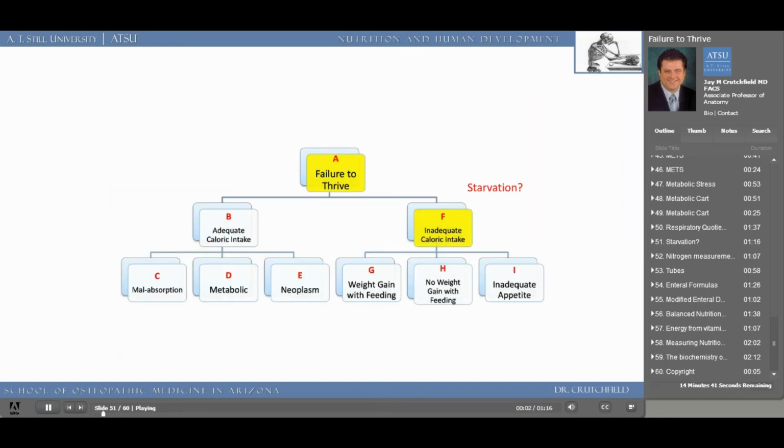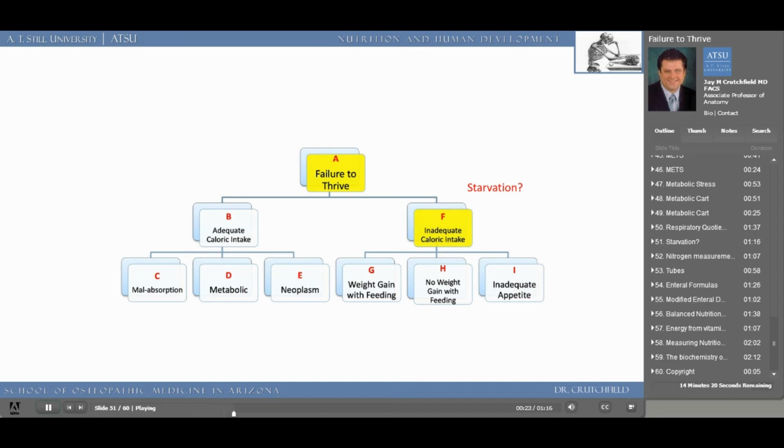What about this? What if our patient now has an inadequate caloric intake and they're in a negative nitrogen balance? Are they starving, or are they just malnourished, or are they both? Well, what if we have an inadequate caloric intake, but the patient is gaining weight with our feeding? What does that mean?